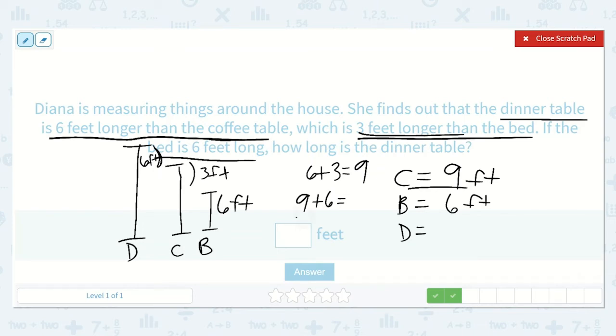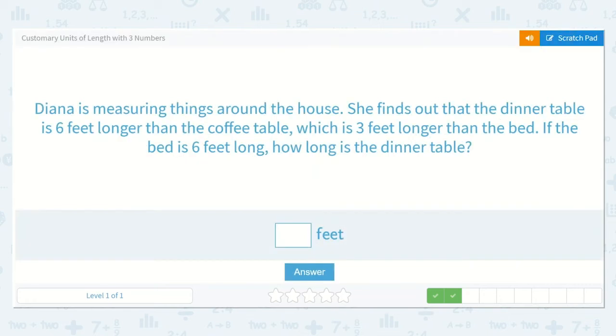Well, I know that 10 plus 6 is 16, so 9 plus 6 is one less, which is 15. So that would be 15 feet. Great, so our answer is 15 feet because they asked how long is the dinner table.